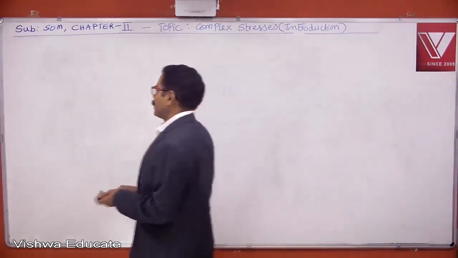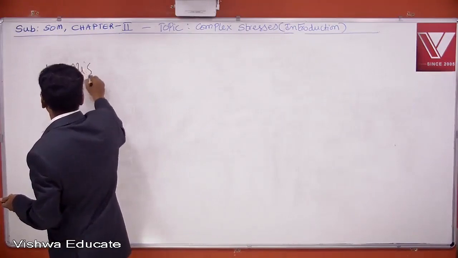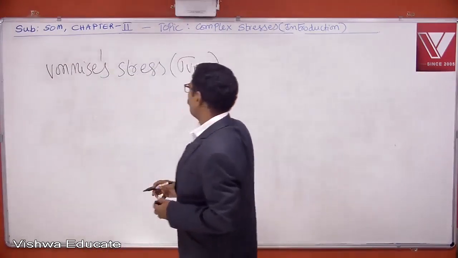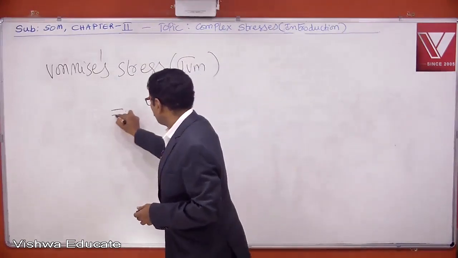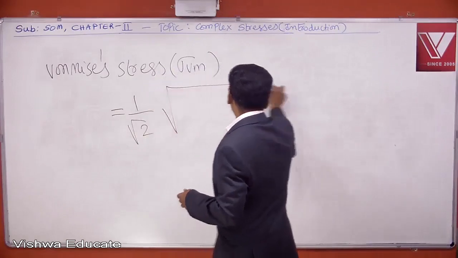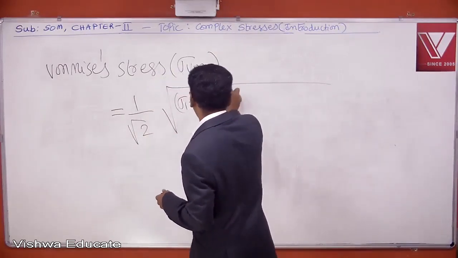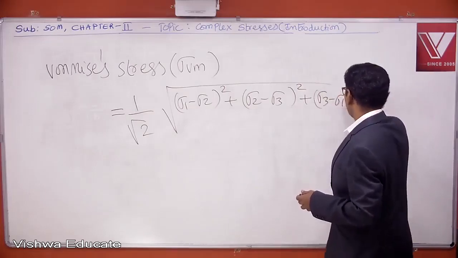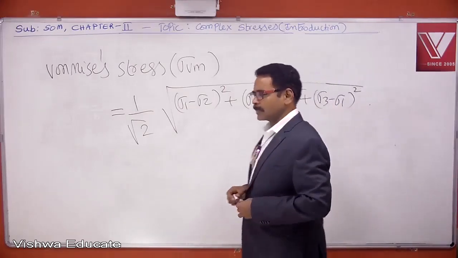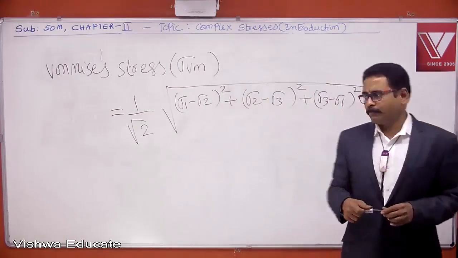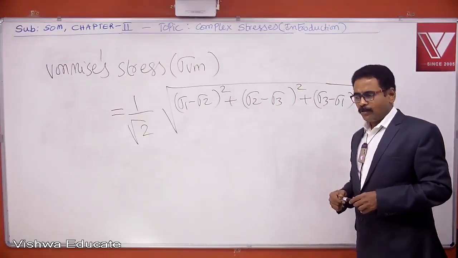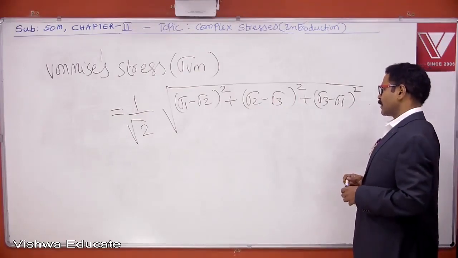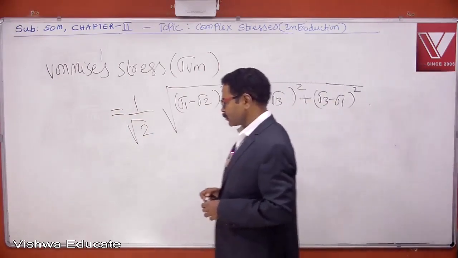Next point. Von Mises stress is given by 1 by square root of 2 into square root of (sigma 1 minus sigma 2) whole square plus (sigma 2 minus sigma 3) whole square plus (sigma 3 minus sigma 1) whole square.